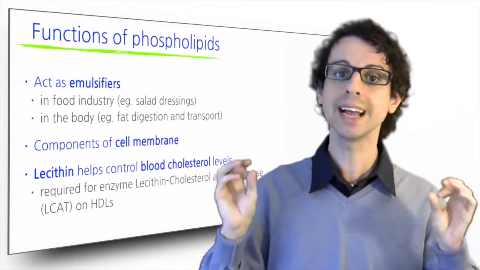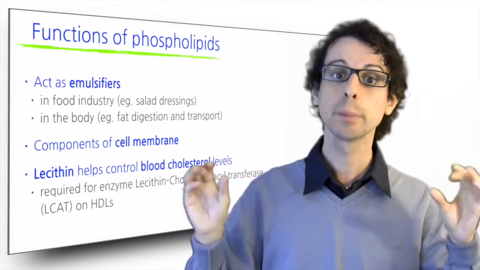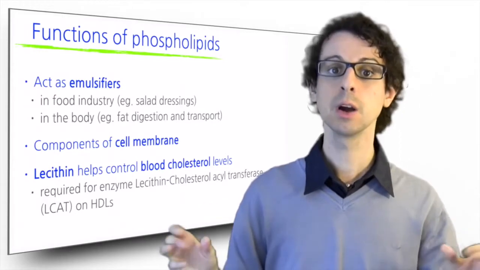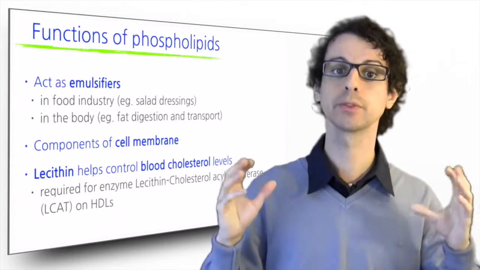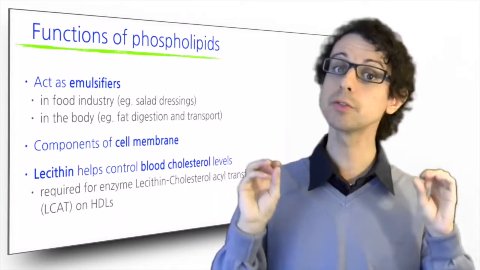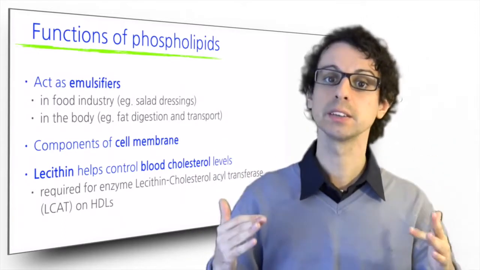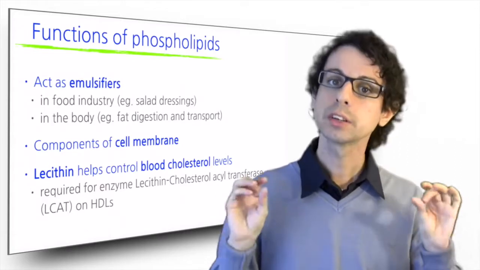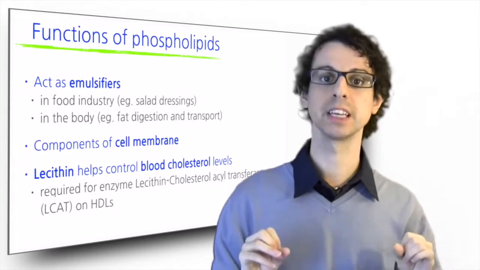In particular, lecithin is required for the reaction of cholesterol esterification performed by the enzyme lecithin cholesterol acyltransferase, which is located on HDL particles, and that is required before cholesterol can be uploaded to the HDL particle. For this reason, lecithin lowers blood cholesterol when it is too high and improves the HDL to LDL ratio. We are soon going to learn more in detail why this is extremely advantageous.